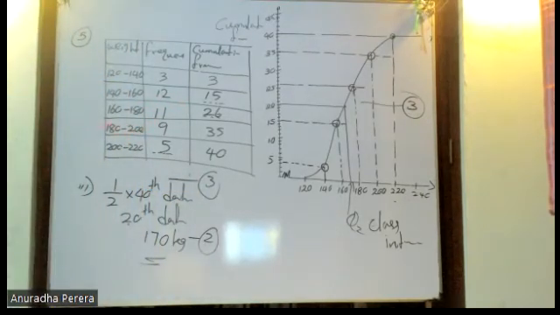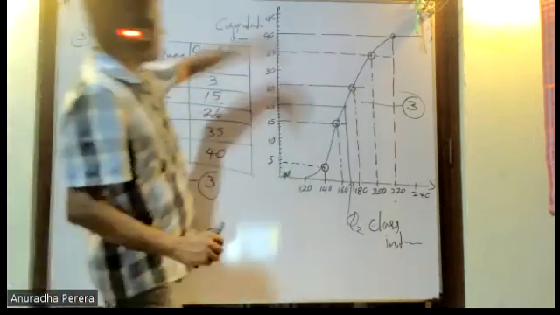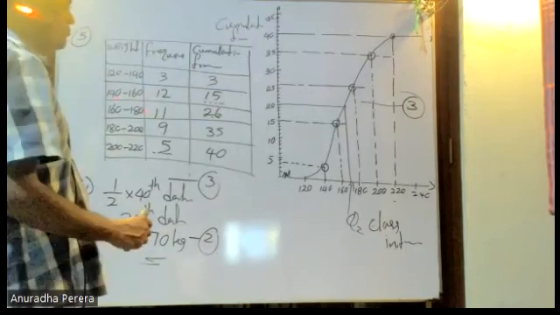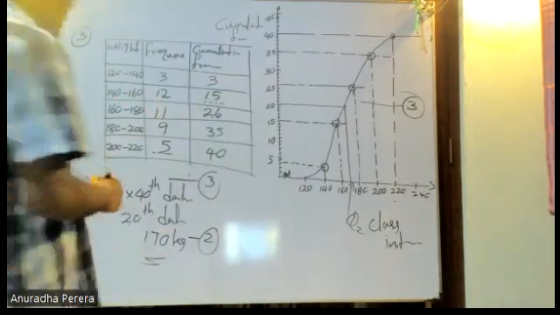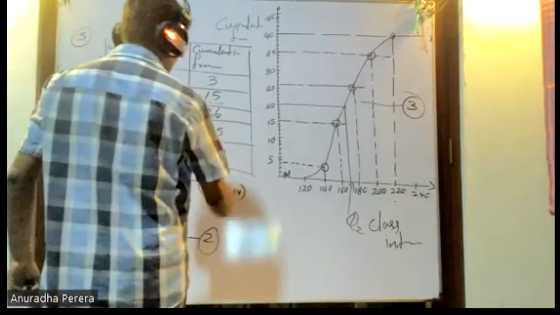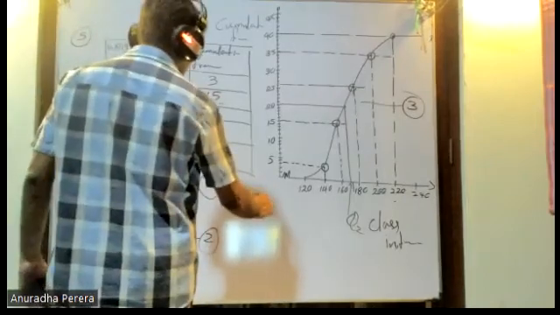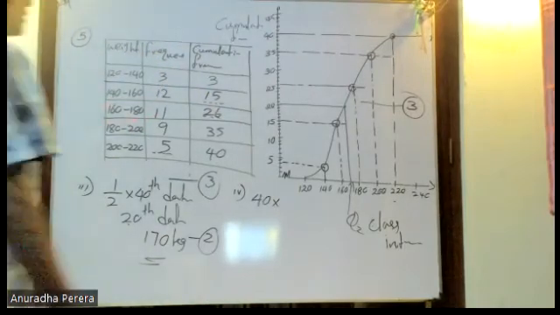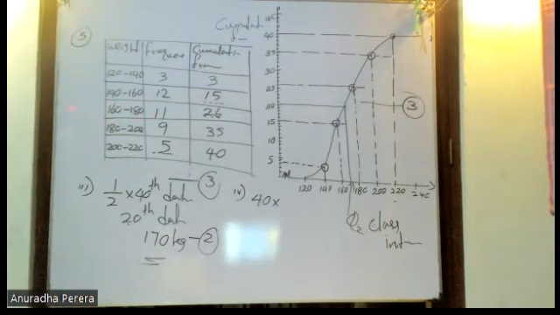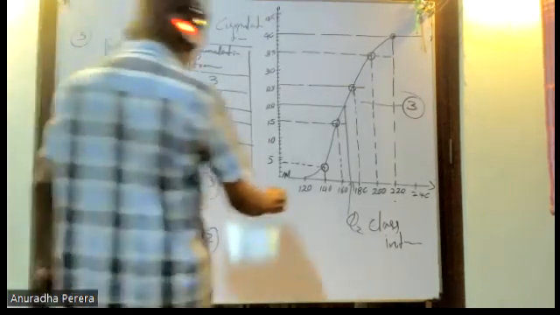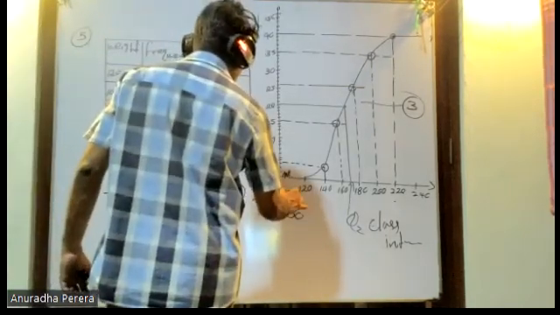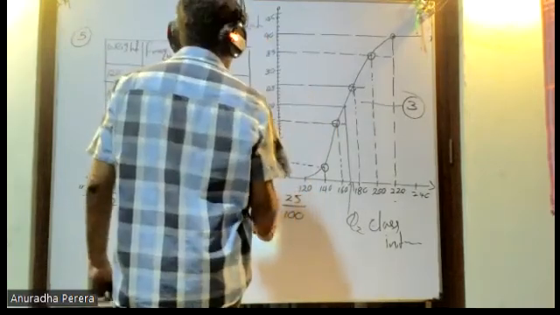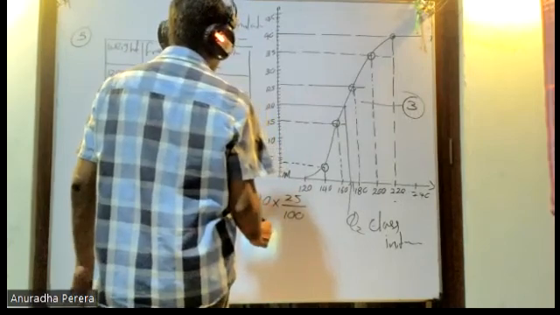75%, 25%. 25% means this part. The total is 40, so the highest 25% is the last 10.